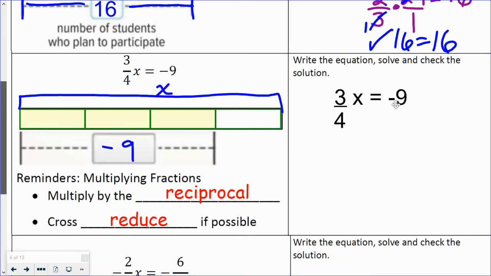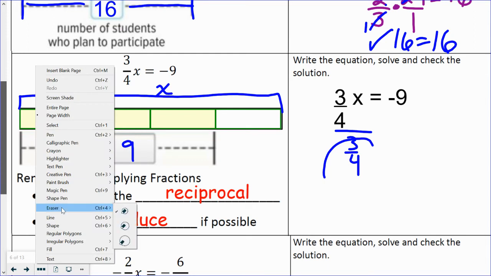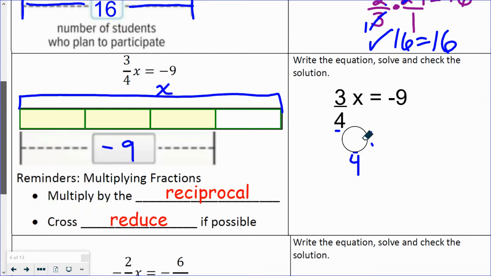Yes, we really want to divide by 3/4, but that's not how we can solve it. Remember, you have to do multiplying by the reciprocal if we have a fraction coefficient. Okay, so that is why I'm going to multiply, but instead of by 3/4, I'm going to multiply by 4/3.